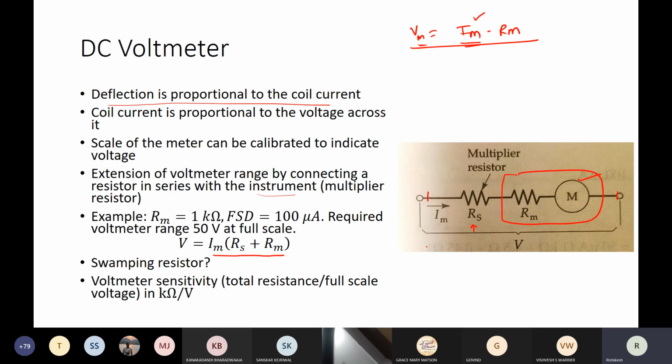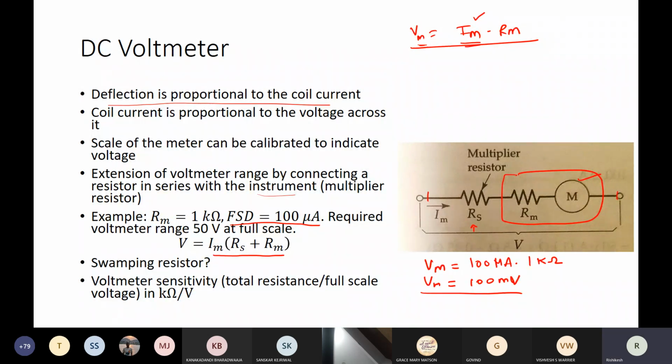What is Vm, the maximum voltage drop that can occur across the meter when maximum current is flowing through it? What is the maximum current that is allowed? 100 microampere. So Vm is 100 microampere into 1 kilo ohm, which is 100 millivolts, right? 100 millivolts, isn't it?